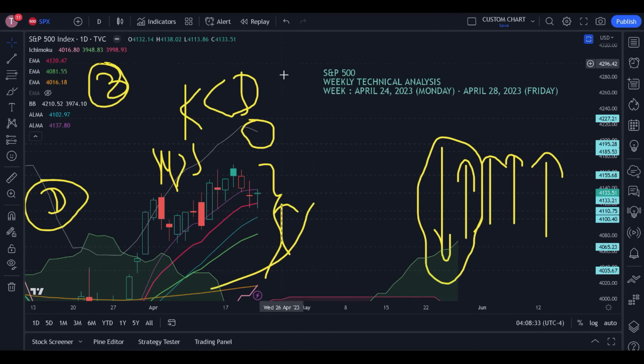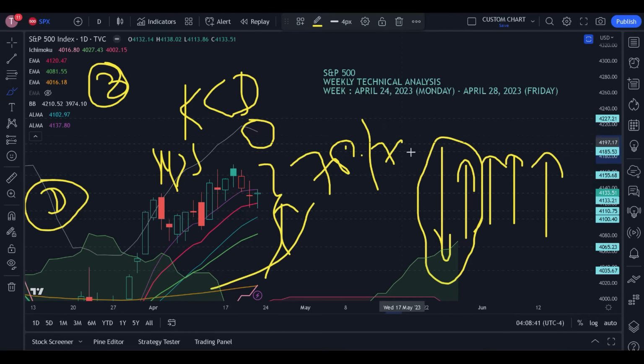So the S&P 500 on the daily chart is 70% to 75% bullish. Why not 80-90%? Because the stochastic RSI and MACD are not supporting each other.